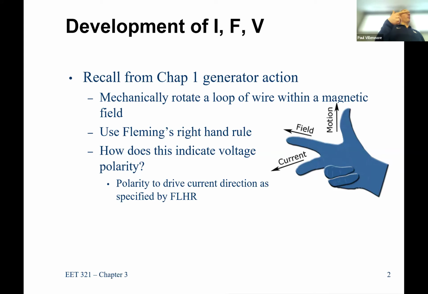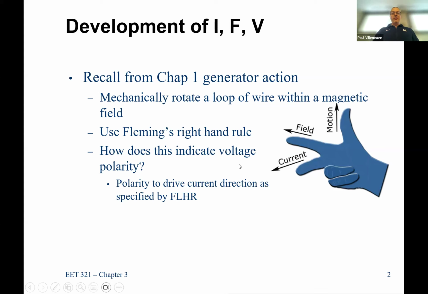Your magnetic field points in one direction, your middle finger points in the direction of current, and your thumb, if you are flexible enough, and I'm not, points in the direction of the applied force. That would be the concept of generator action, and you use Fleming's right-hand rule.